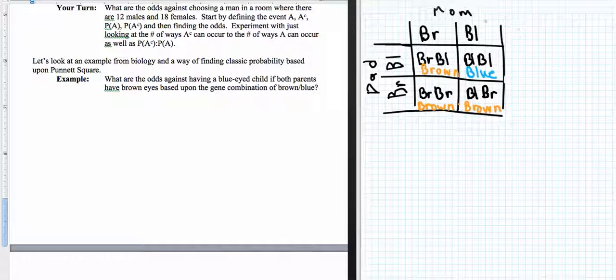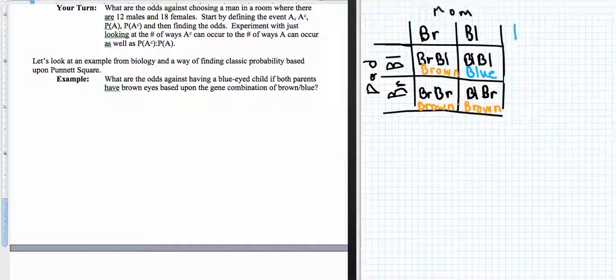And so what we see is based upon the sample space, right, the brown-blue, blue-blue, brown-brown, blue-brown, that we could get an event of brown or blue occurring, right? And there's 3 choices where brown occurs and 1 choice of blue, out of the 4 possible simple events.